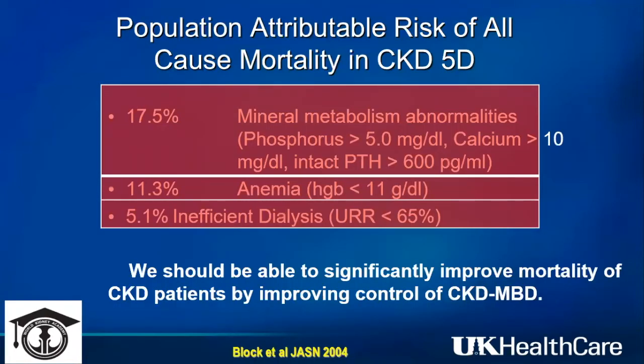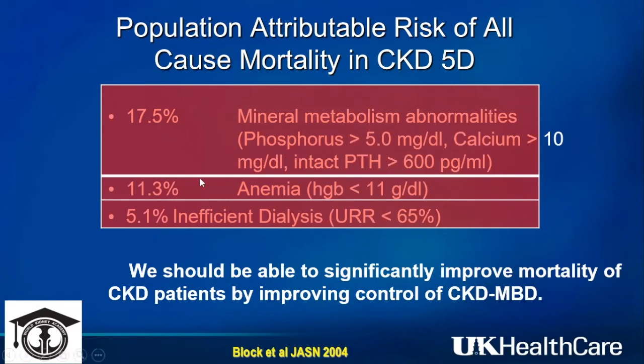Here in this study, this is a population-based study in CKD patients on dialysis, and they tried to find if CKD-MBD, compared to anemia, compared to inefficient dialysis, has more attributable risk of death.